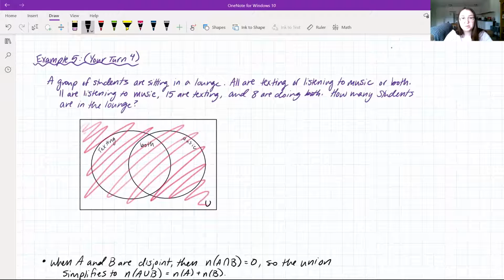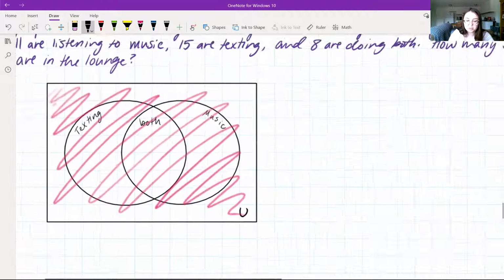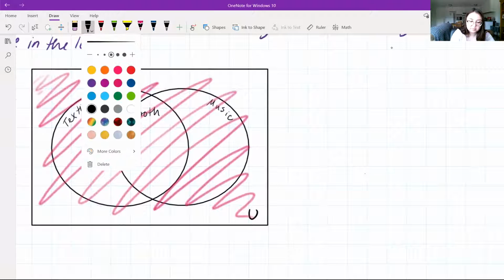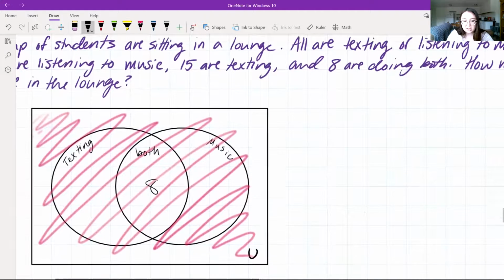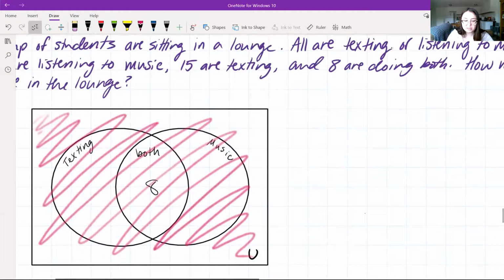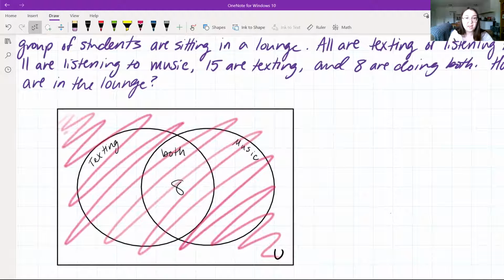So as always, we want to start in the center. We're saying 8 are doing both. And we say that 11 are listening to music, but we know 8 of them are doing both. So we say 11 minus 8. That's going to give us 3.